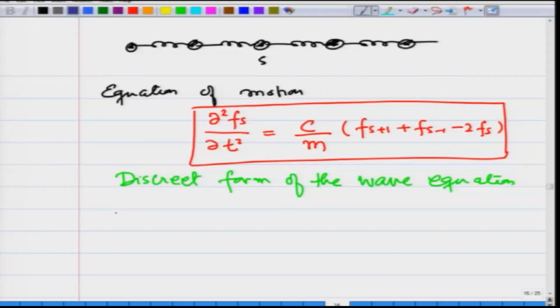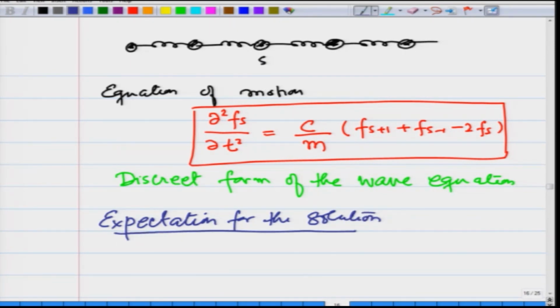So, this is assuming that atoms interact with only the neighboring atoms and the force is spring like, with c being the spring constant. We have found the equation of motion for the sth particle, which is of the form given here, which is the discrete form of the wave equation. So, expectation is for the solution will be a wave-like solution.